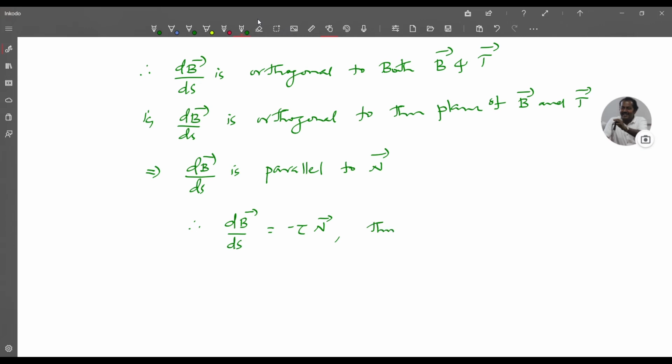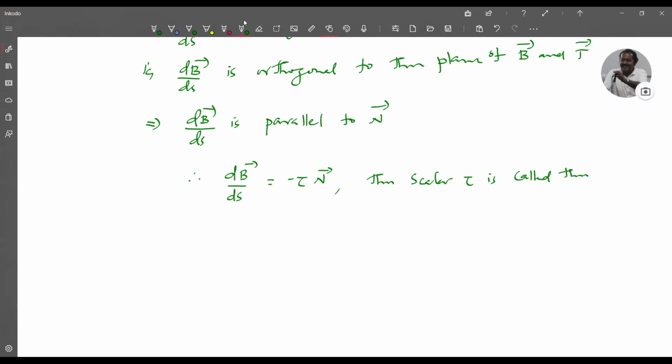The scalar tau is called torsion along the curve.